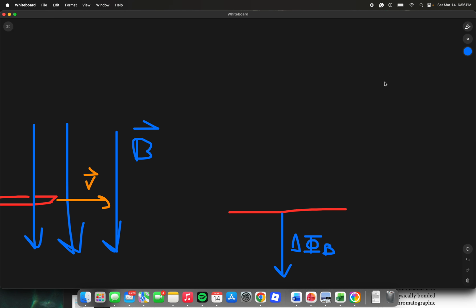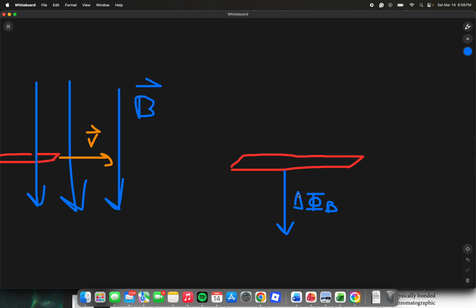But Lenz's law says that any generated current that we get is not going to follow a typical right-hand rule as if we went with the change in flux vector direction. We need to say there's an induced field this way, and that's what we take the right-hand rule with.